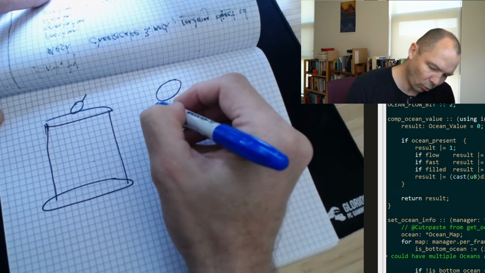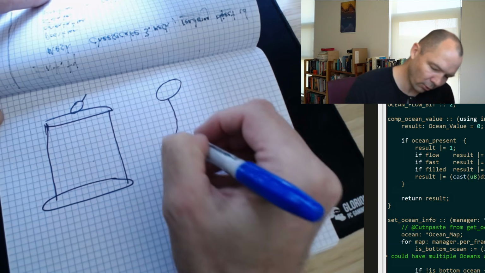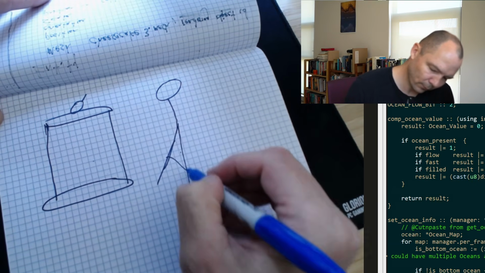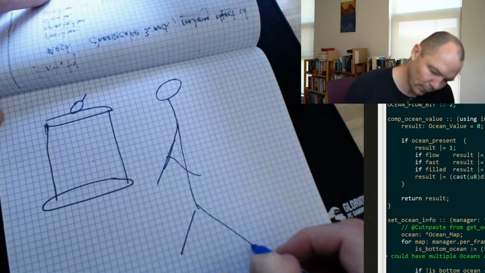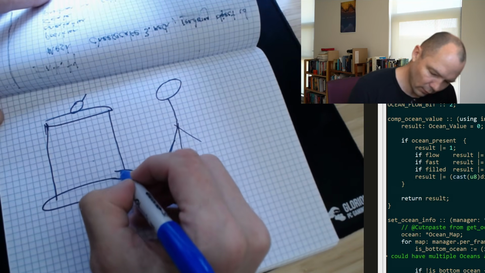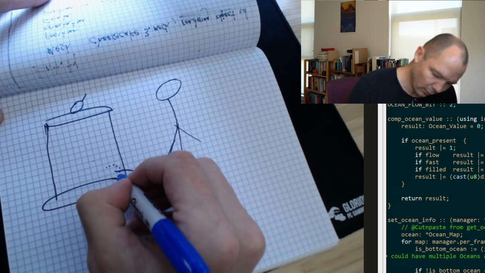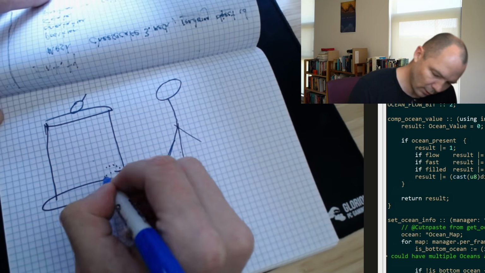The rioter is holding, it's not a very big head. I guess rioters have small heads. There's a rioter back here and the rioter is holding the cheesecake. And this is going to be hard to draw, especially with a stick figure, but their hand is back here.